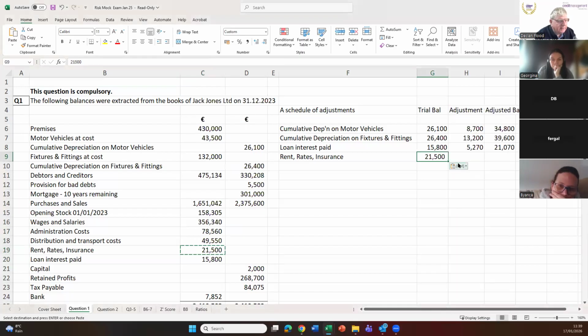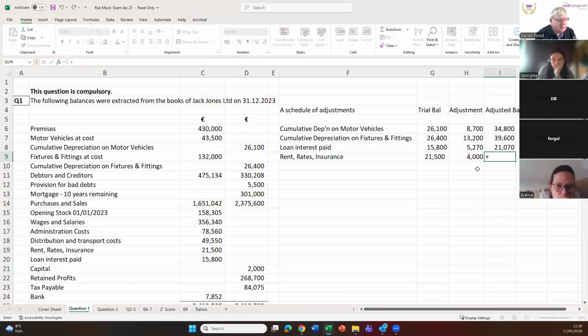So that's my 21,800. And what do I have to do? Out of that, 4,000 is prepaid. So even though I paid out 21,800, my adjusted figure is now 17,800. It's the 21,800 that I have in the trial balance less 4,000. That's a prepayment. So that is that.